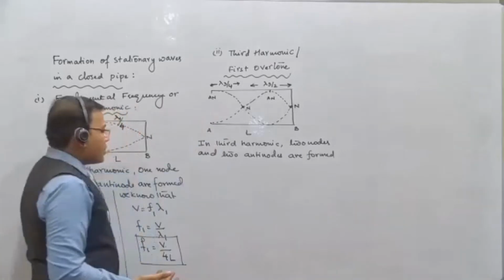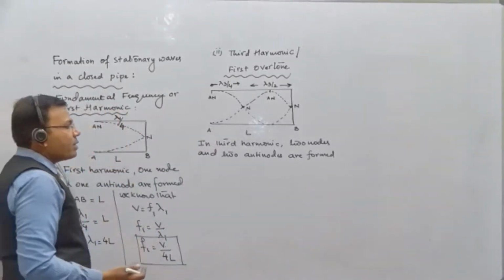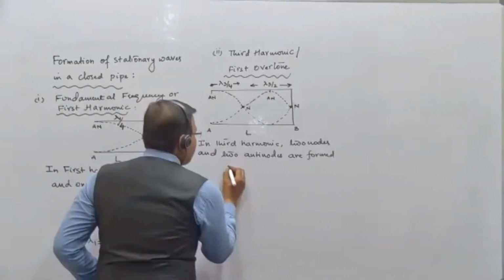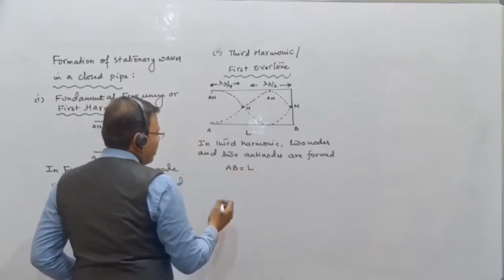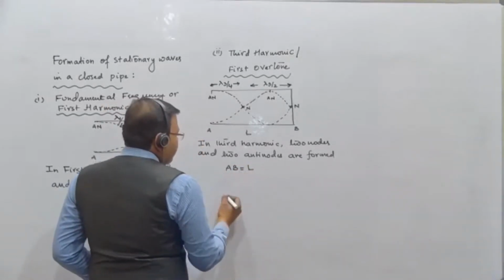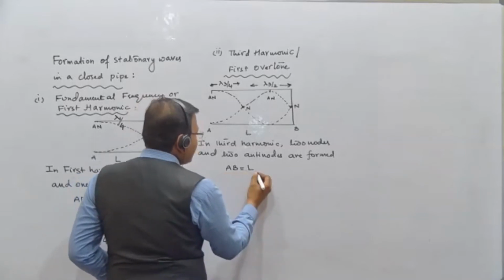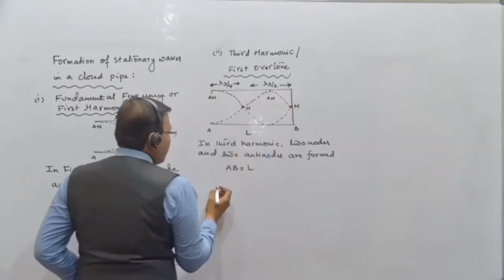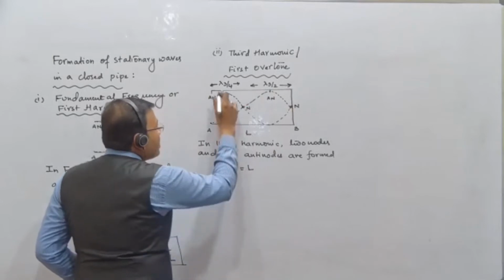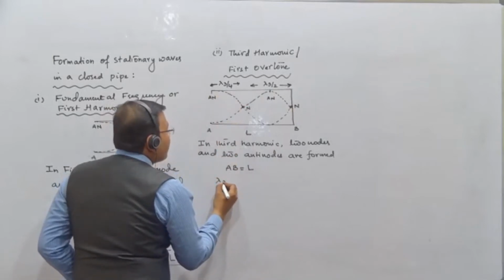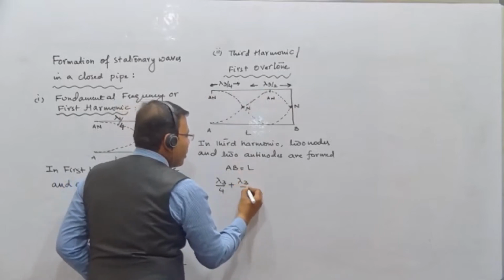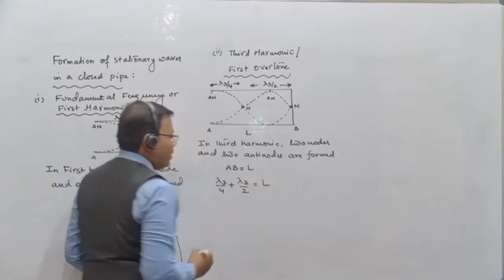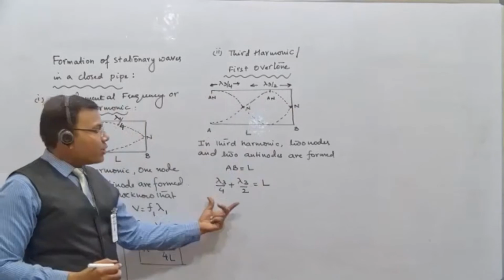Now again the same process that we have done here. AB is equal to L. What is this AB? You can write it in terms of wavelength as lambda 3 by 4 plus lambda 3 by 2, that is equal to L. Hope you have understood what I am doing here.